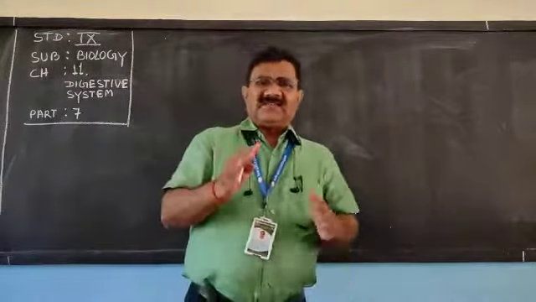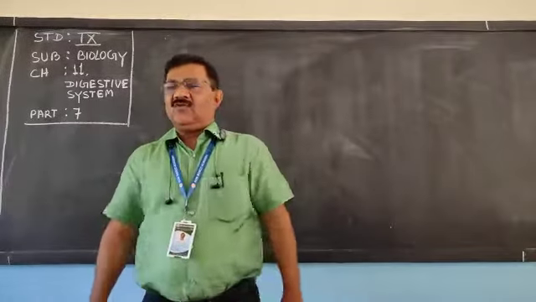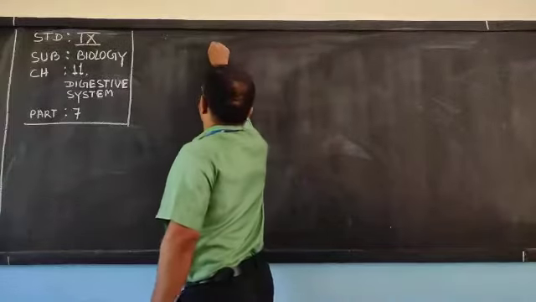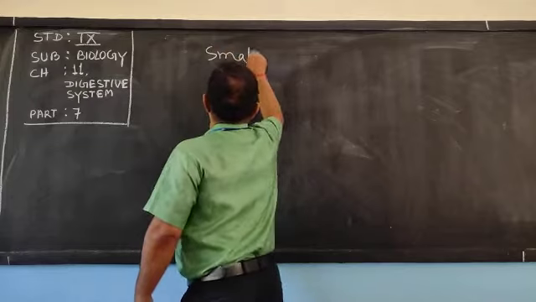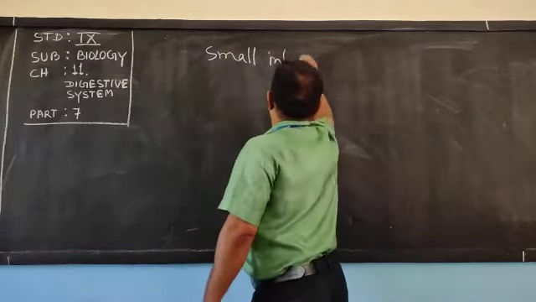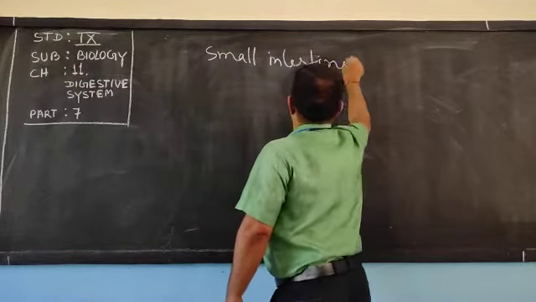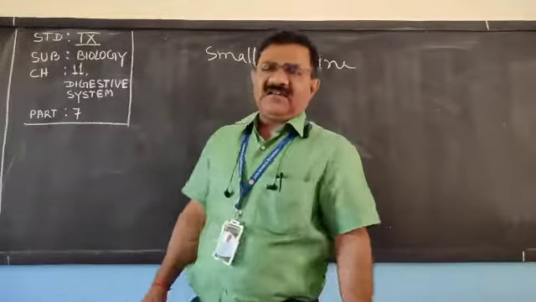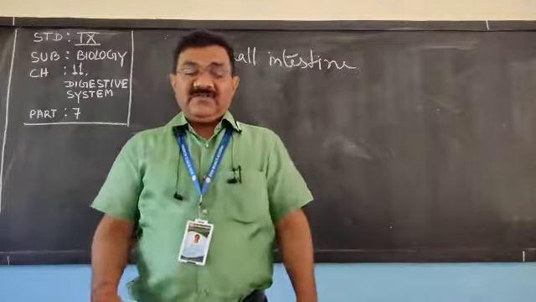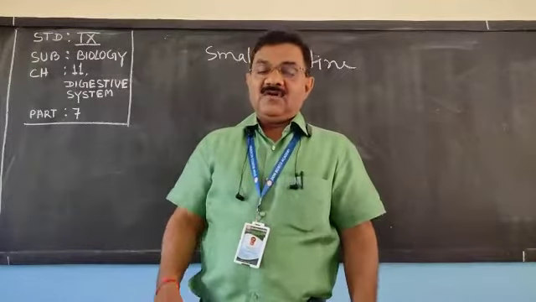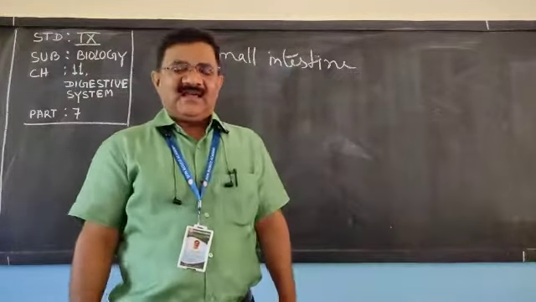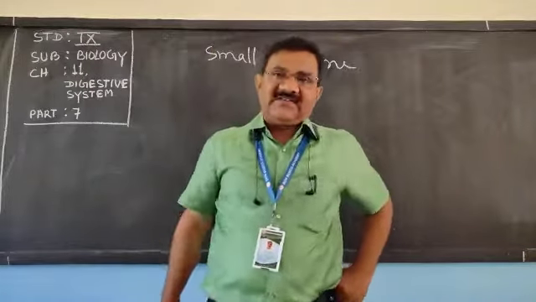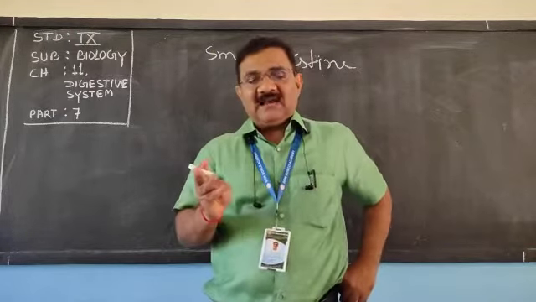What we discussed in the previous video, we discussed in detail about the small intestine. There are three parts of the small intestine: duodenum, jejunum, ileum. We discussed about the villi and we discussed about the bile.